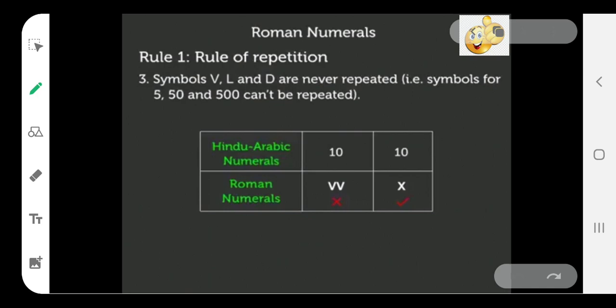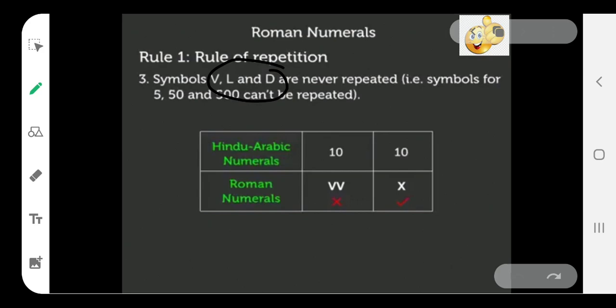Now, the third rule under the rule of repetition is that symbols V, L and D are never repeated. That is, symbols for 5, 50 and 500 cannot be repeated. So keep in mind, these symbols V, L and D cannot be repeated.